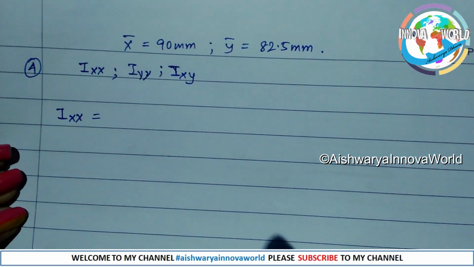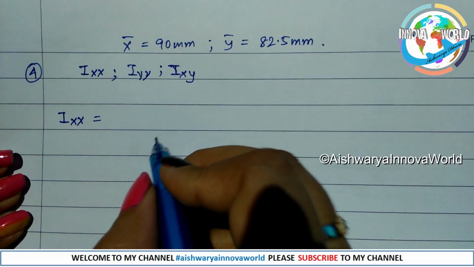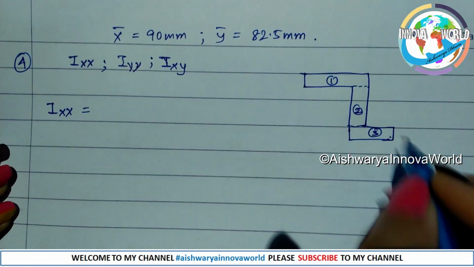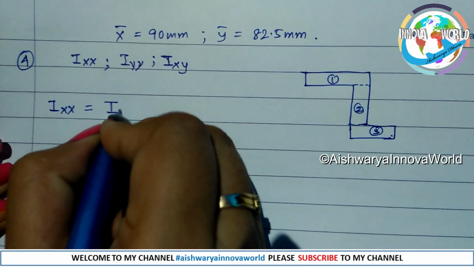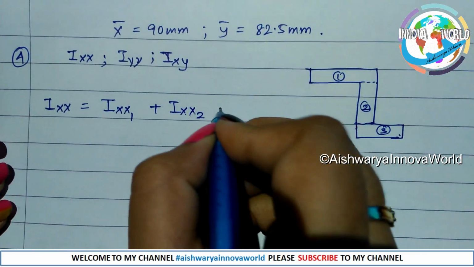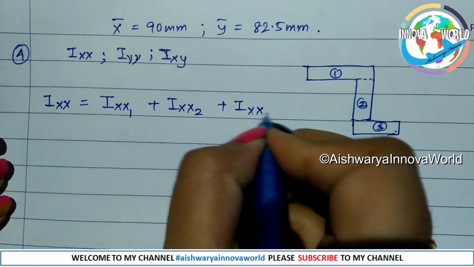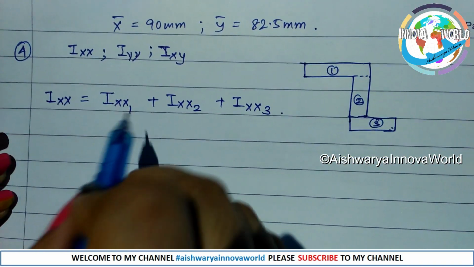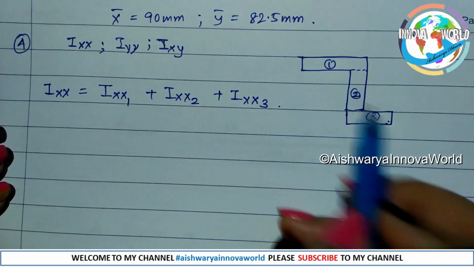So recall the diagram. So we have to write Ixx1 plus Ixx2 plus Ixx3, because we have to find the second moment of area for each node.